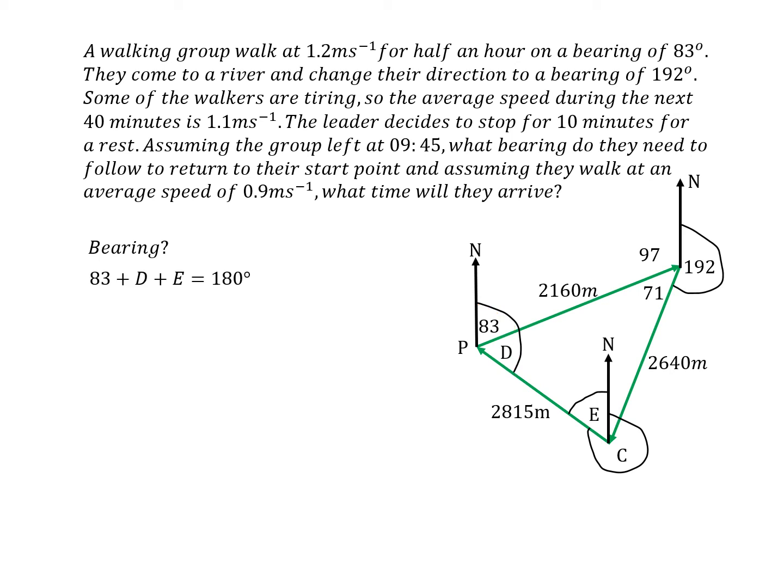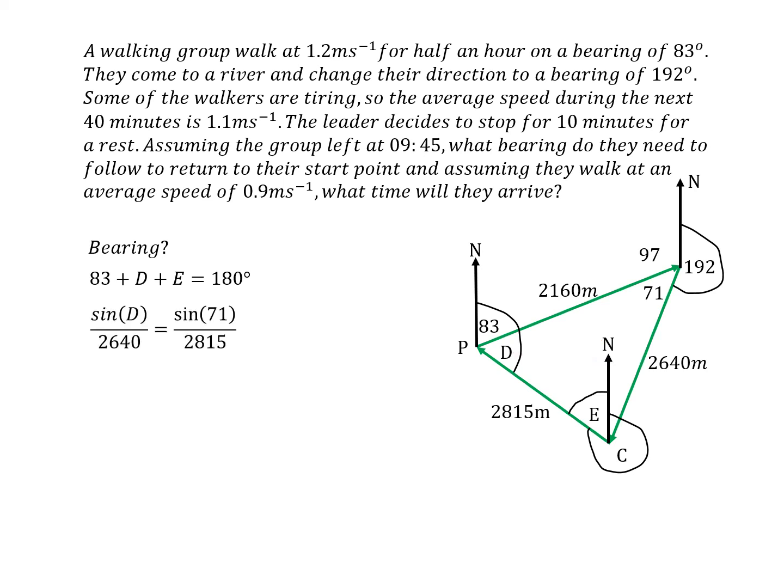So if only we could find the angle D, then we'd be able to calculate the angle E. Now, how do we go about finding the angle D? Well, if we look at this triangle, D is opposite that side, which we know, and we've got angle 71, which is opposite this side, which we now know. Looks like a case of the sine rule to me.